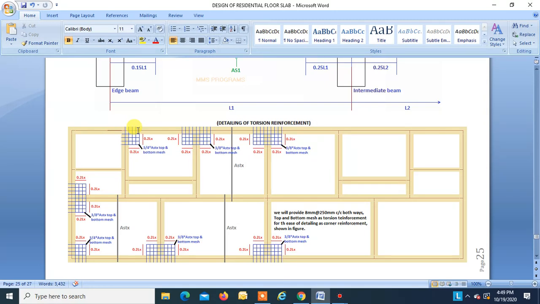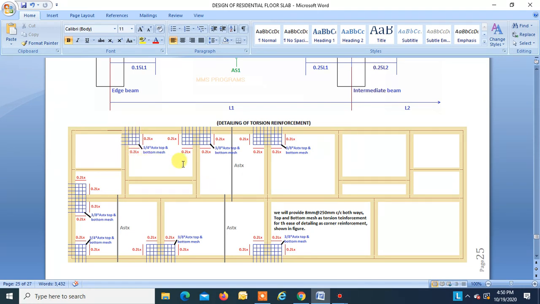When the slab is discontinuous on two sides, that is, it's a corner, then as I explained earlier, in each direction the steel to be provided is 3/4 of Astx. Astx is the main positive steel in the shorter direction at the midspan. So in this direction you provide 3/4 of Astx, and in this direction also 3/4 of Astx. That will give you a top mesh. Another mesh at the bottom of the slab also you have to provide with the same steel area, right?